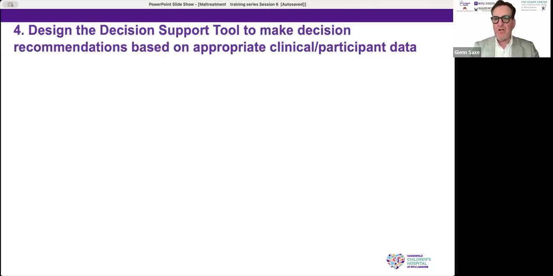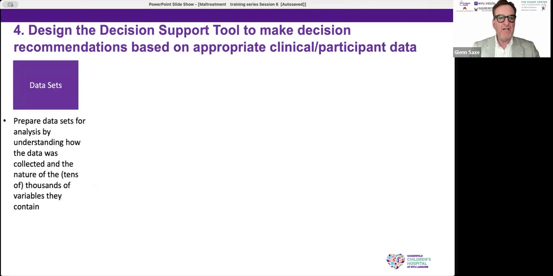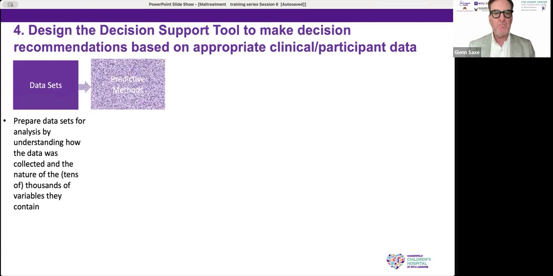Okay, so then let's talk about the design of a tool, how research findings can then lead to decisions that would be programmed into the tool. So there are data sets which, whether we collect them or look at them, have to be prepared so that we really understand what's in them and they're really relevant.